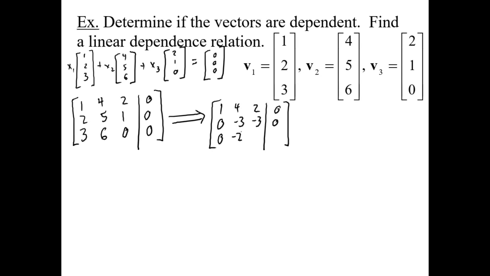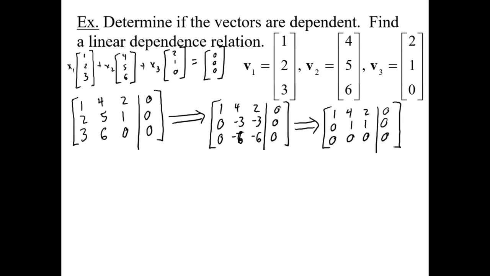Nope, that's not right. Hold on, times -6, -6, 0. I'm going to divide the middle row by -3. So we get 0, 1, 1, 0. And if I do the second row times -2 plus the bottom row, I get 0, 0, 0, 0. Okay.